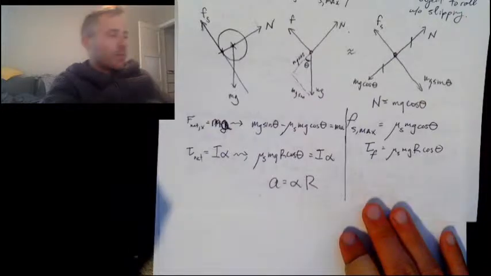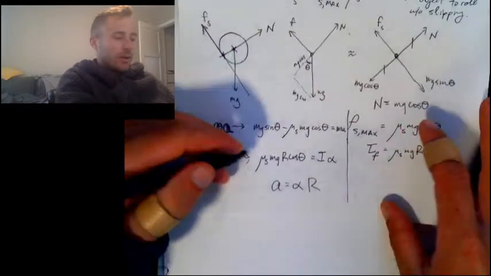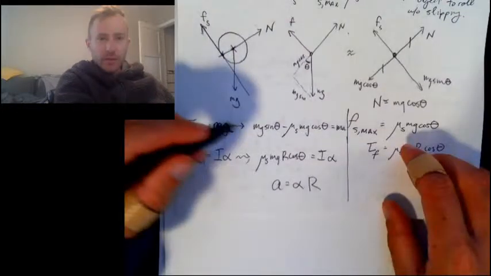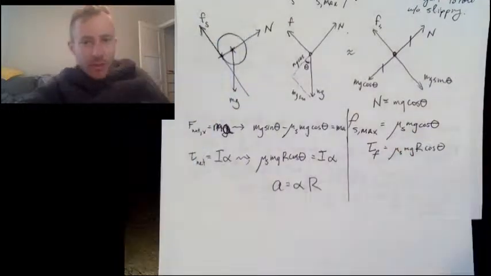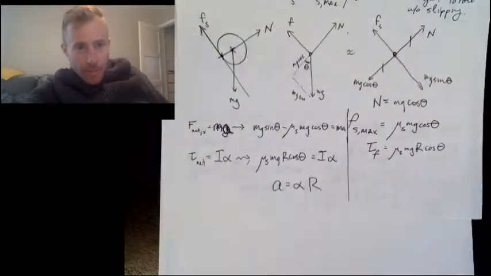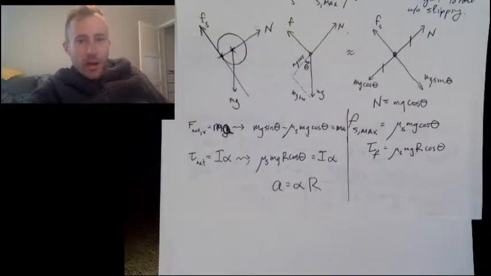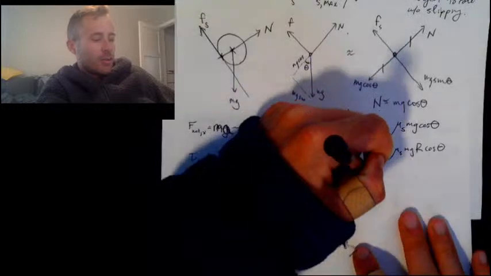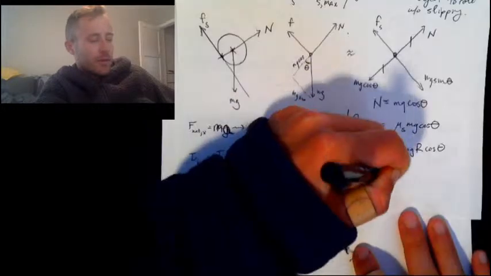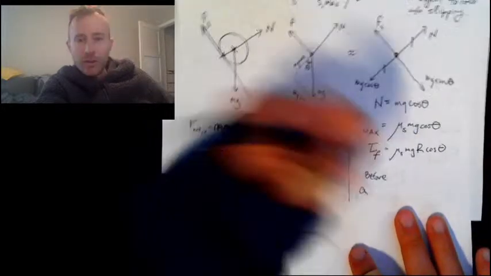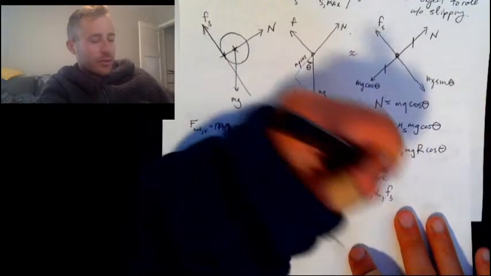So we're going to take this equation. Now in this case, when we did the problem before, the unknowns were linear acceleration, angular acceleration, and static friction.